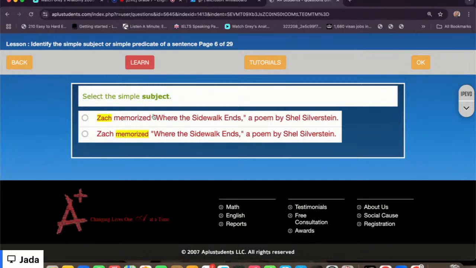So select the simple subject. Zach memorized Where the Sidewalk Ends, a poem by Shel Silverstein. So, what is the simple subject here?